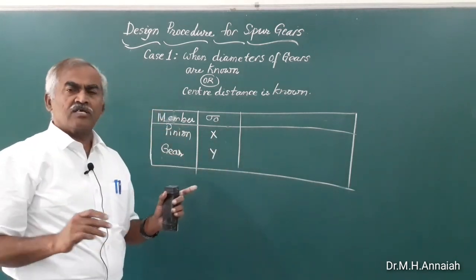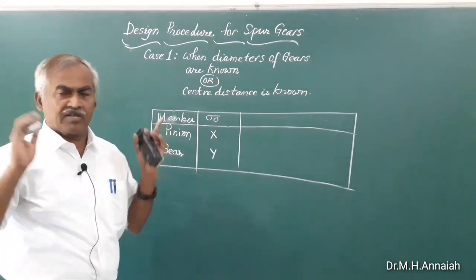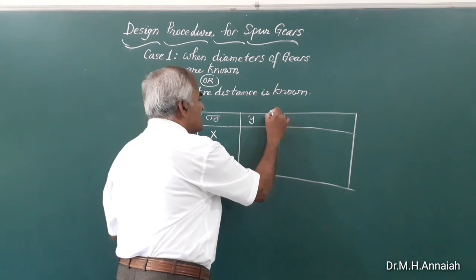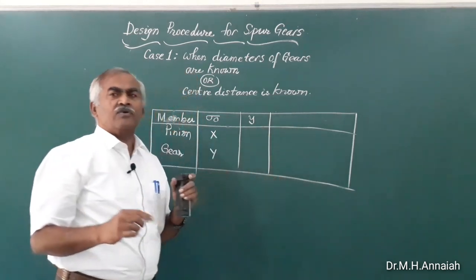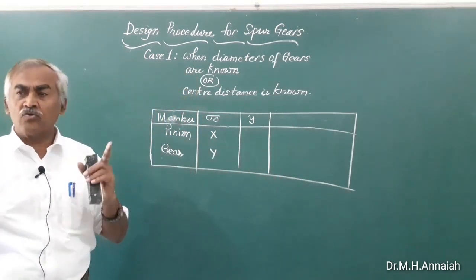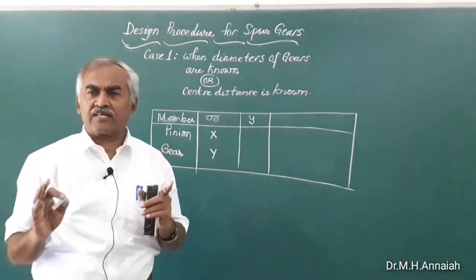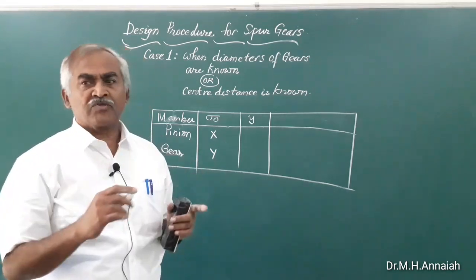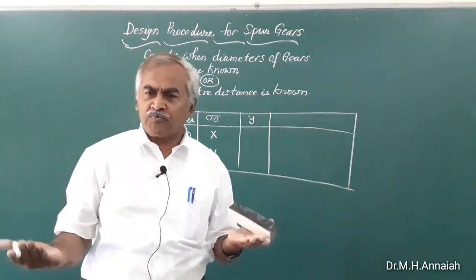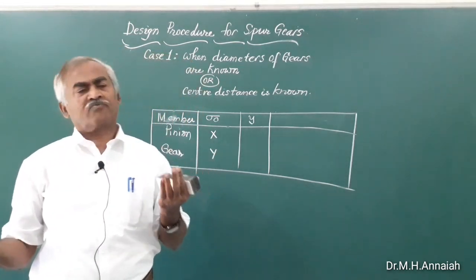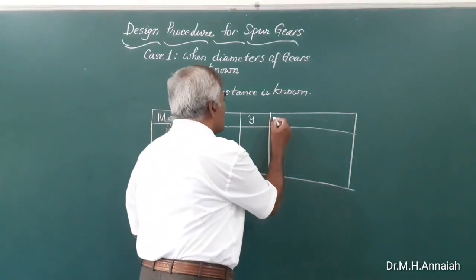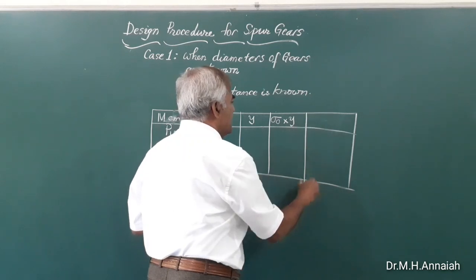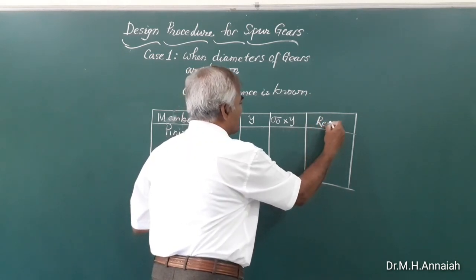These are the values selected from the table, and you have the term called Y, that is called the Lewis form factor. Y is a factor which depends on the tooth profile that is used. It could be 14.5 degrees involute profile or 20 degrees involute profile. Then I am going to have the product of these two, sigma naught into Y, then a remark column.